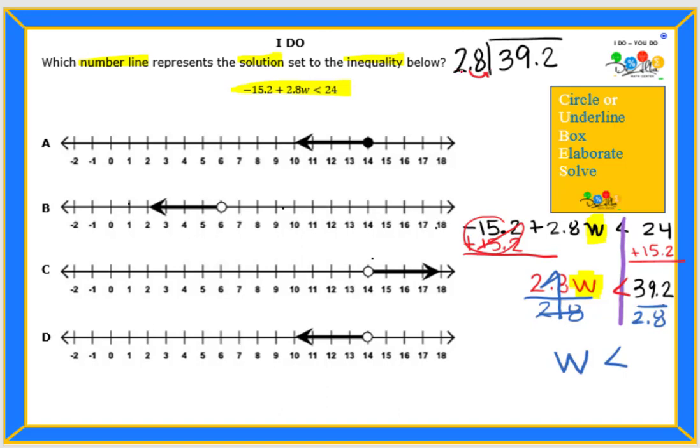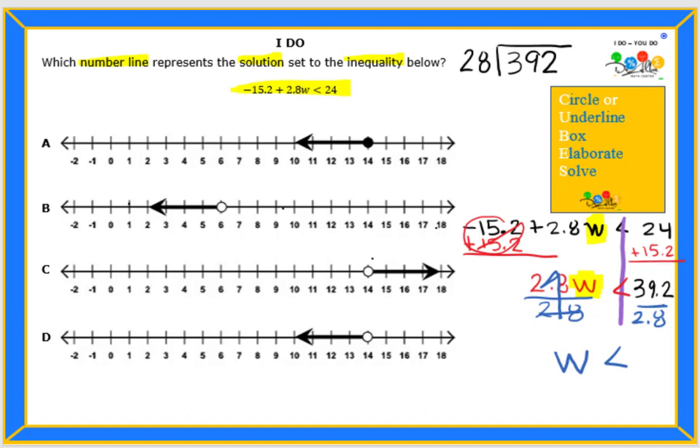But math is fair, so whatever I do here, we're going to do in the dividend as well. So we're going to move it, and the decimal is going to end up here.